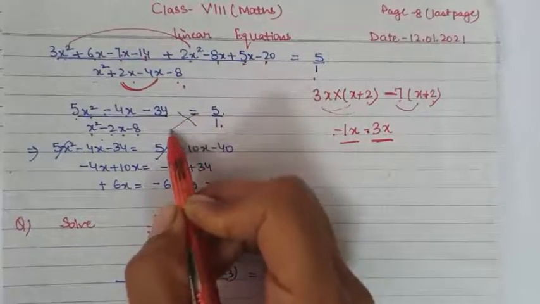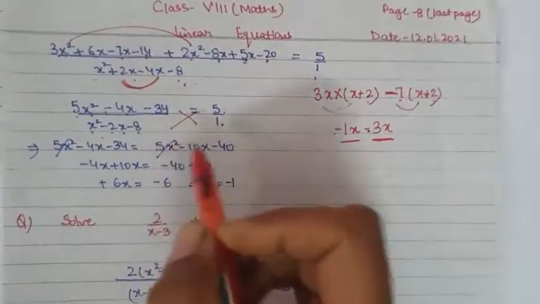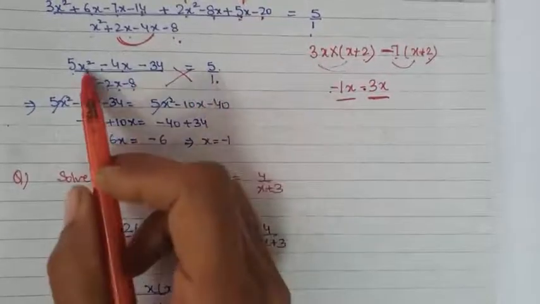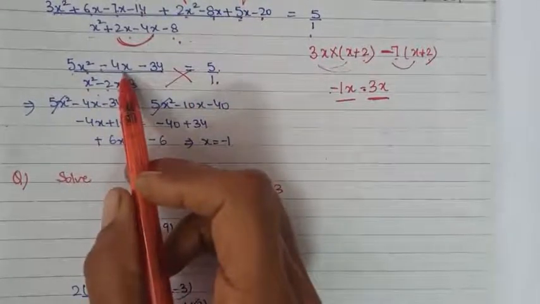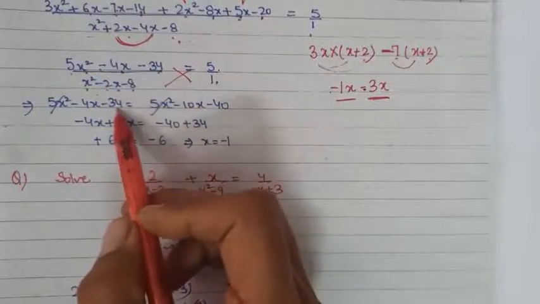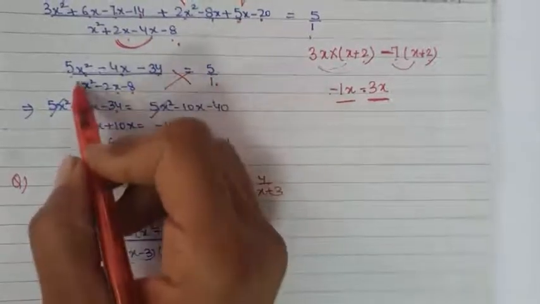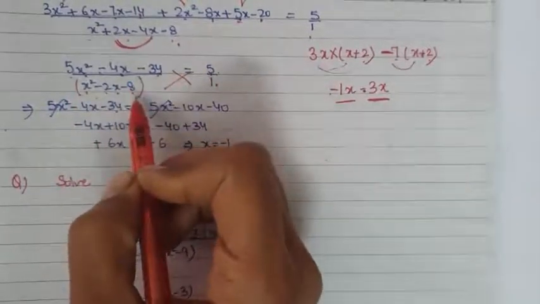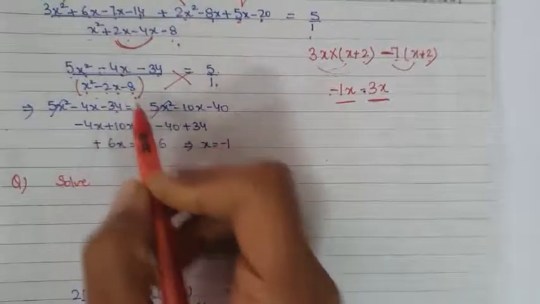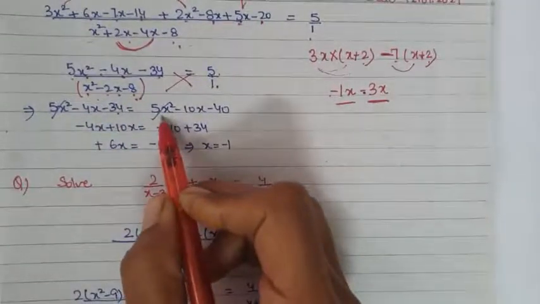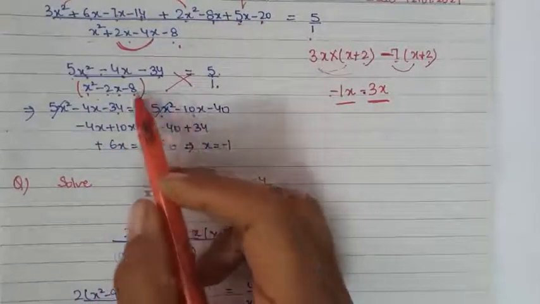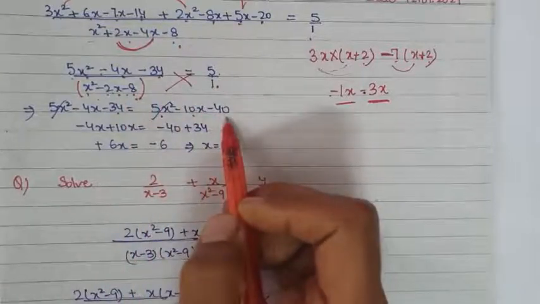Now do the cross multiplication. We get 1 into 5x square minus 4x minus 34. And 5 will multiply with all terms of the bracket, that is 5x square minus 10x minus 40.